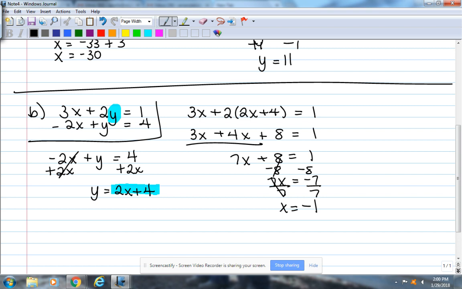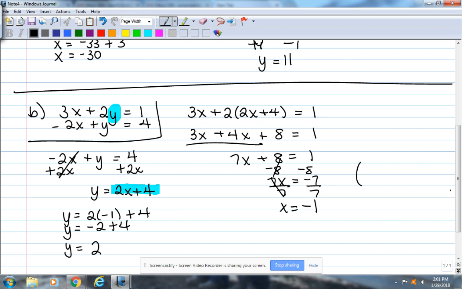Now how do I get y? Plug the x in for right here. Okay? So y is going to be 2 times negative 1 plus 4. What's 2 times negative 1? Negative 2 plus 4 equals what? 2. And write your answer. You need x, then y in parentheses.